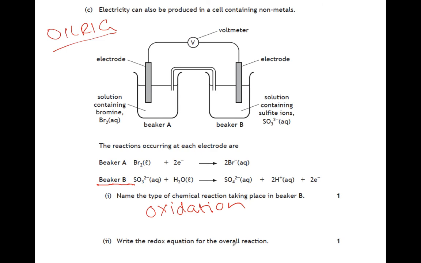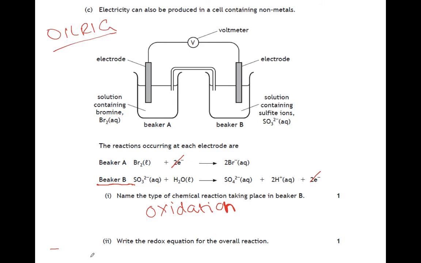You are then asked to write the redox equation for the overall reaction. In order to write a redox equation, you have to eliminate or cancel out the electrons on each side of your arrow. They already cancel out. We've got 2 and 2.